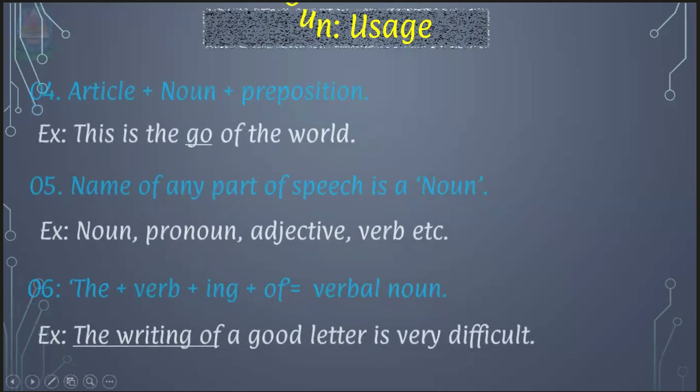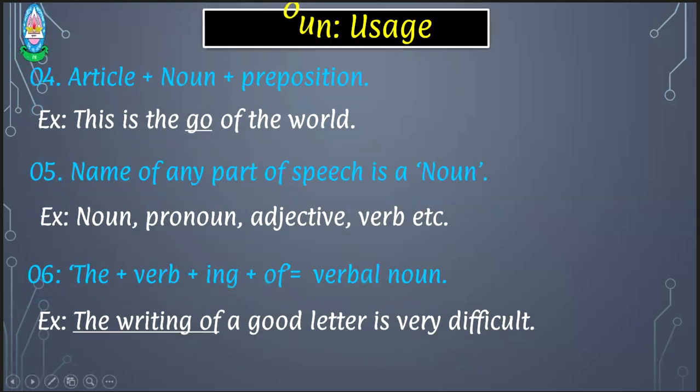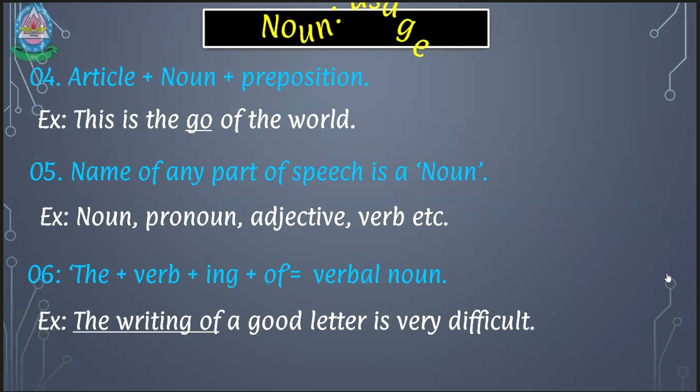Sometimes you may find a word in between an article and a preposition. In this case, the word in between the article and the preposition is a noun, though it might be of other parts of speech in other cases.